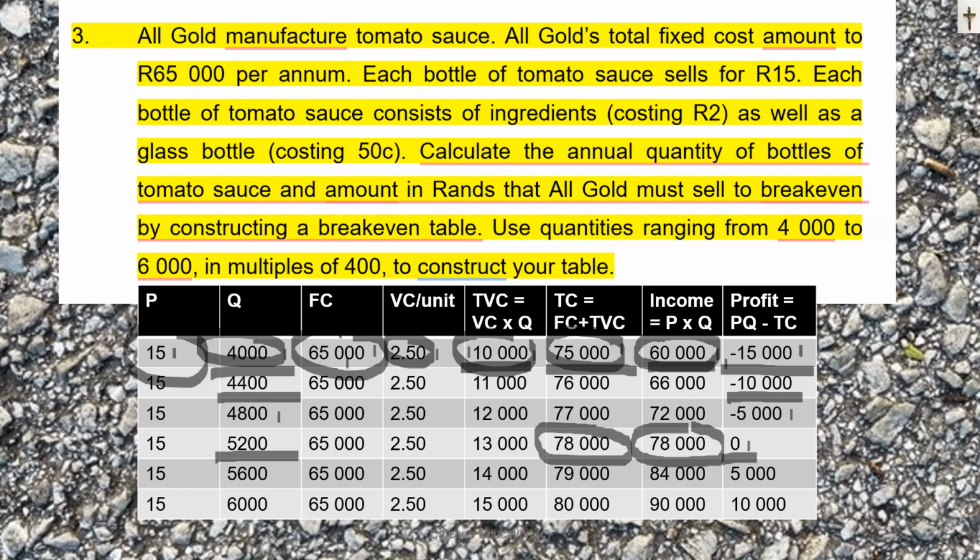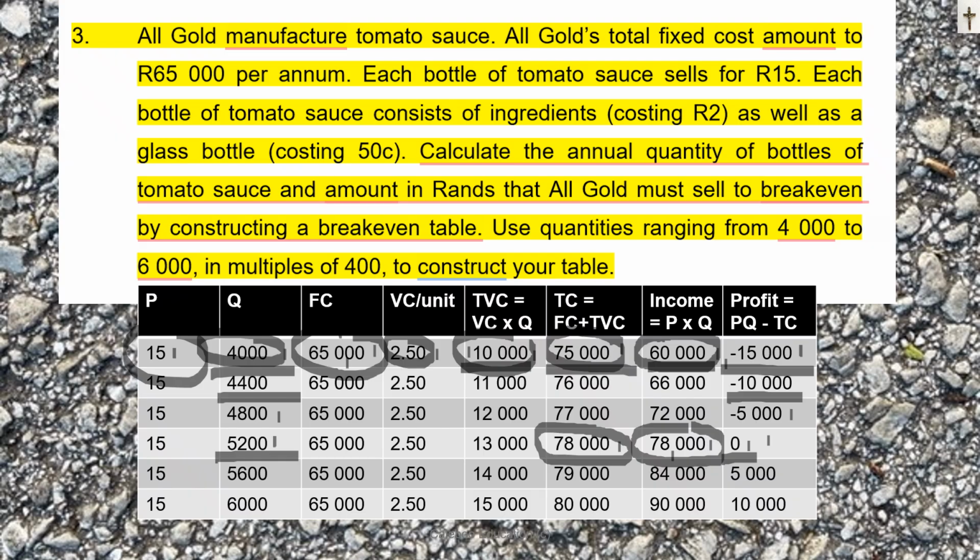So the break-even quantity is 5,200. The break-even sales or income is 78,000. The break-even cost is 78,000. That's when there's no profit or loss.